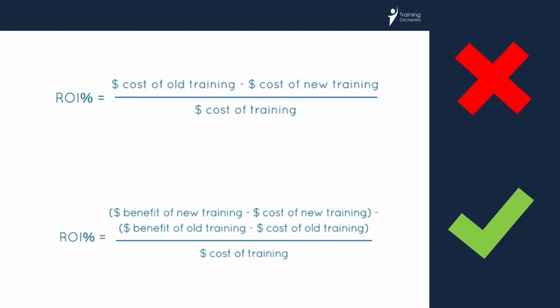And just to share a couple of equations, I think that the typical ROI, and of course we talk a lot about ROI in this industry, is the cost of the old training minus the cost of the new training, and then in the denominator is the cost of training. But that's really not the right ROI picture, right?